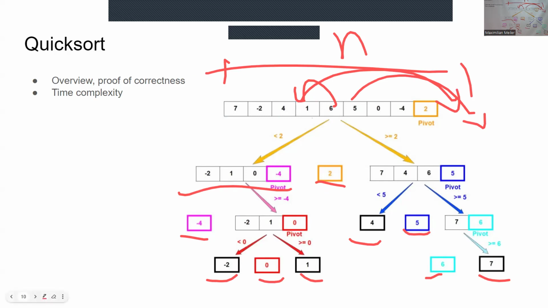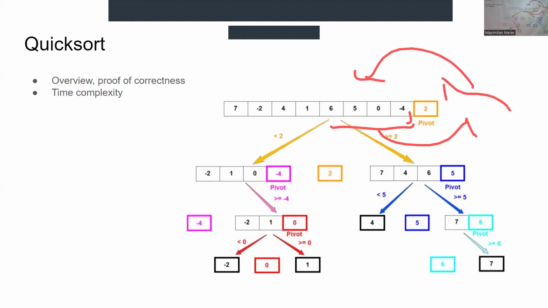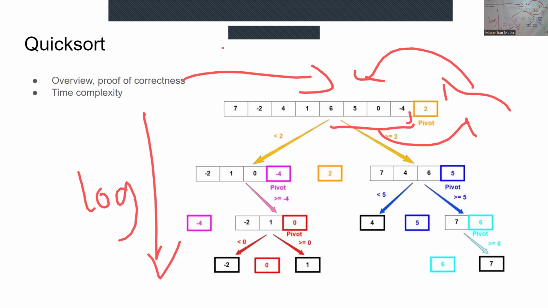So every single iteration, pivoting around that pivot is O of n time, because you have to take the ones that are greater, throw them on the right side, take the ones that are less, throw them on the left side. That's all n time. And because you're splitting this in half every time, it's going to be log n total times on average that you have to do this n operation.